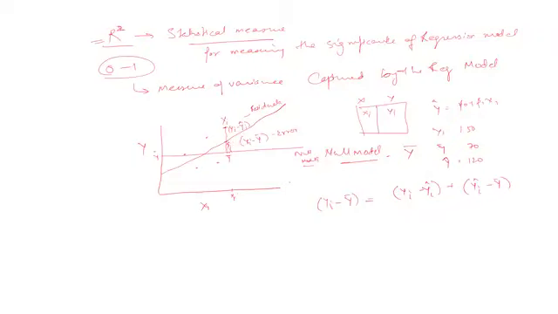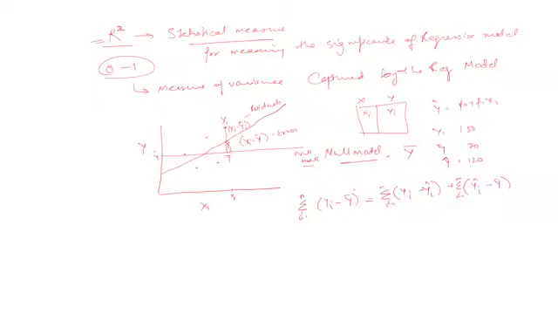Now I will calculate this for all the i's. So I will put a summation i equal to 1 to n, where n is your sample size, or the training data on which you have trained the model. Now in statistics we always take the magnitude, or the scalar value.